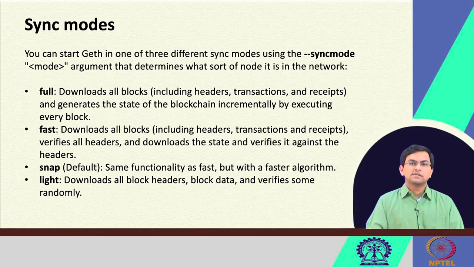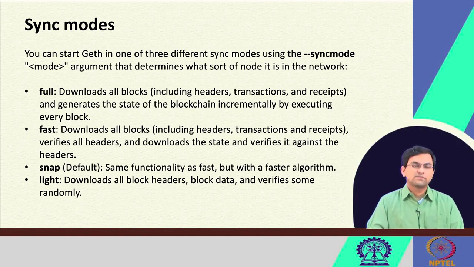Before connecting to a network, we must know in what mode we are running the Ethereum client. The Ethereum client can run in the following sync modes: full, fast, snap, and light. The full node actually downloads all the blocks including headers, transactions, and receipts, and generates the state of the blockchain incrementally by executing each block one by one.